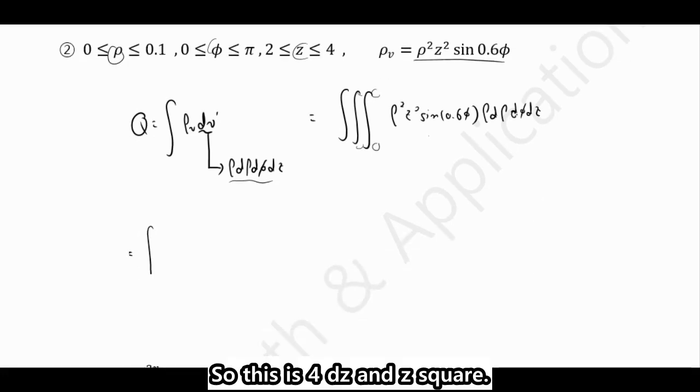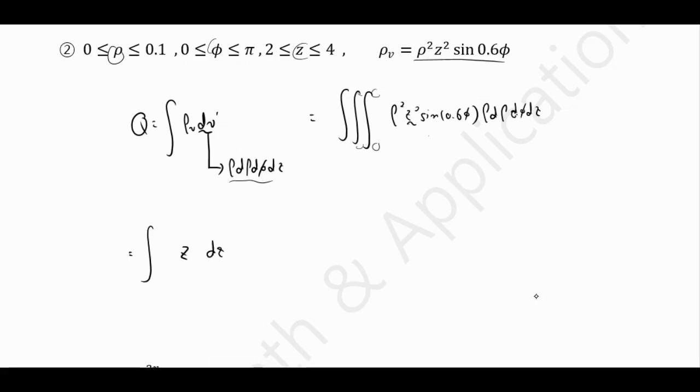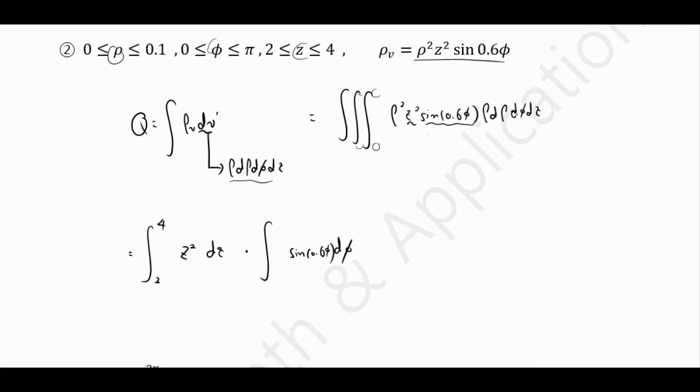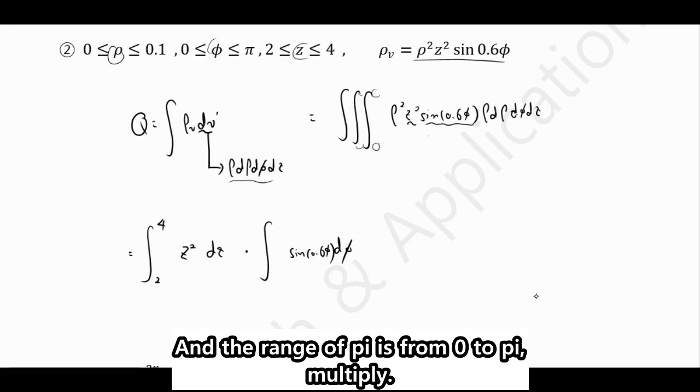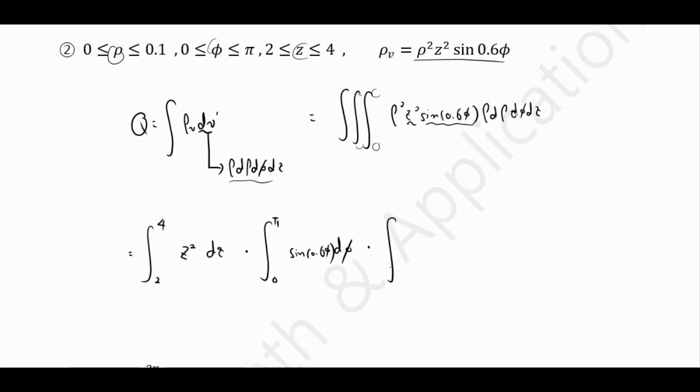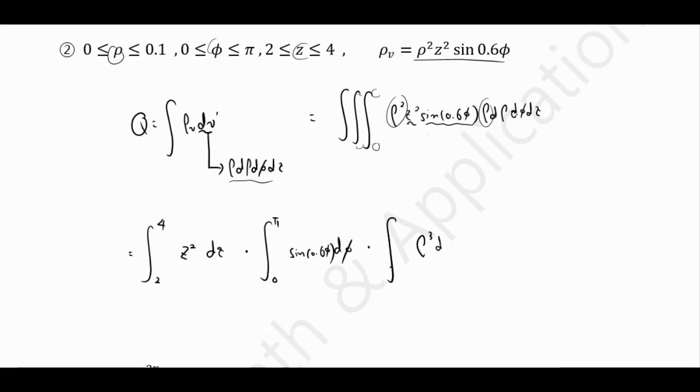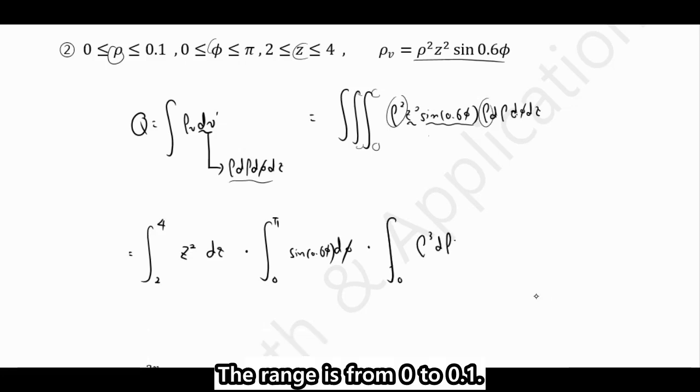So this is the integral for dz of z squared, with range from 2 to 4, multiplied by the integral for d phi of sine 0.6 pi d phi, where the range of phi is from 0 to pi, multiplied by rho squared times rho, which is rho cubic d rho. The range is from 0 to 0.1.